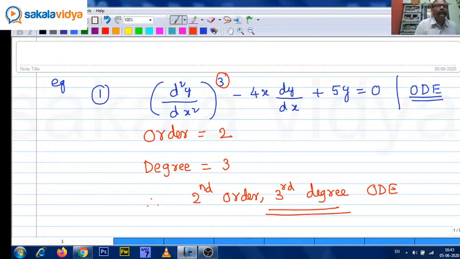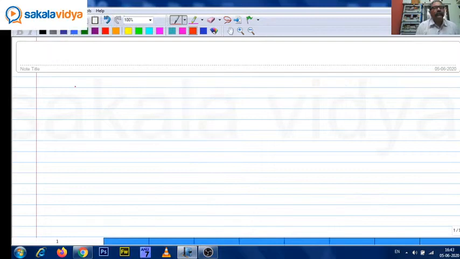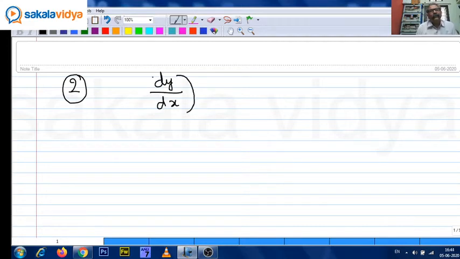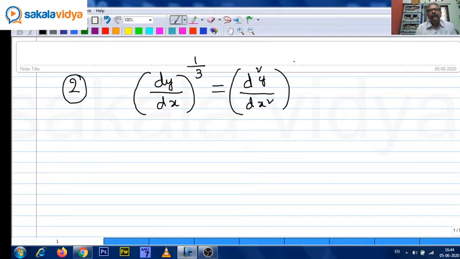For example, we go to another example. You consider another example. See, dy by dx whole to the power of 1 by 3 equal to d2y by dx square whole to the power of 1 by 2.